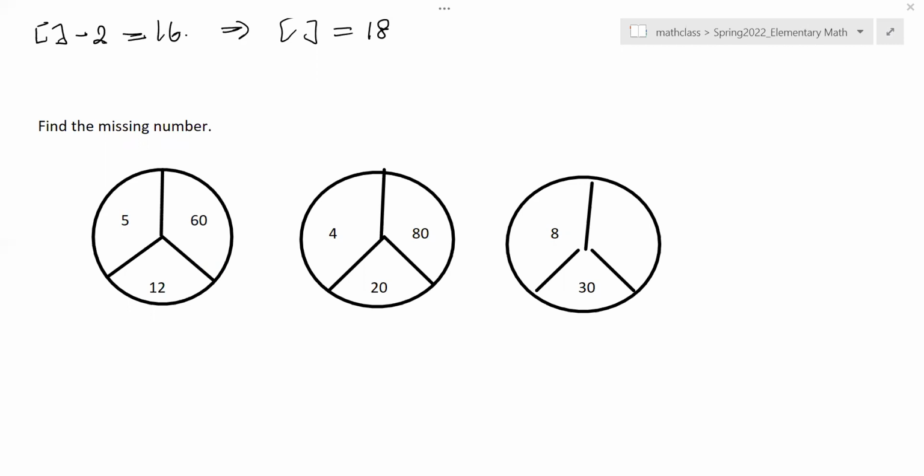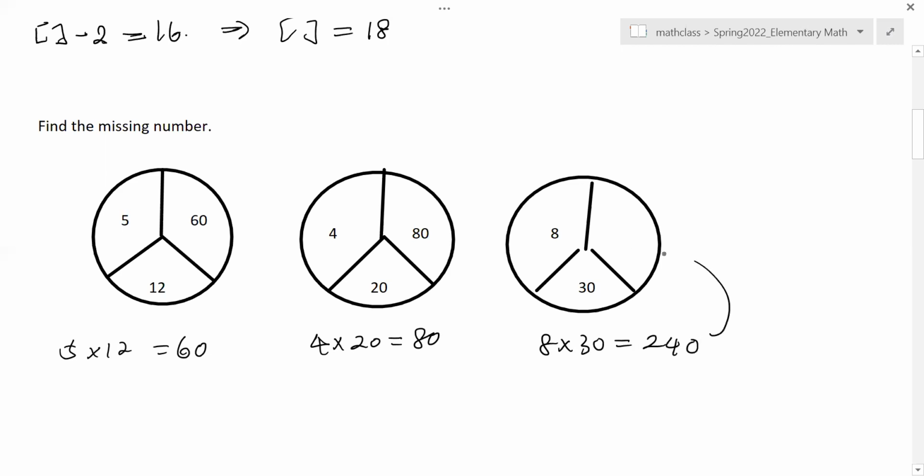There are many possible relationships among them, and this same relationship should be carried over to the next one. You notice that 60 divided by 5 is 12, or 5 times 12 equals 60. You double check that here: 4 times 20 equals 80. Therefore 8 times 30 is 240. That should be the answer.